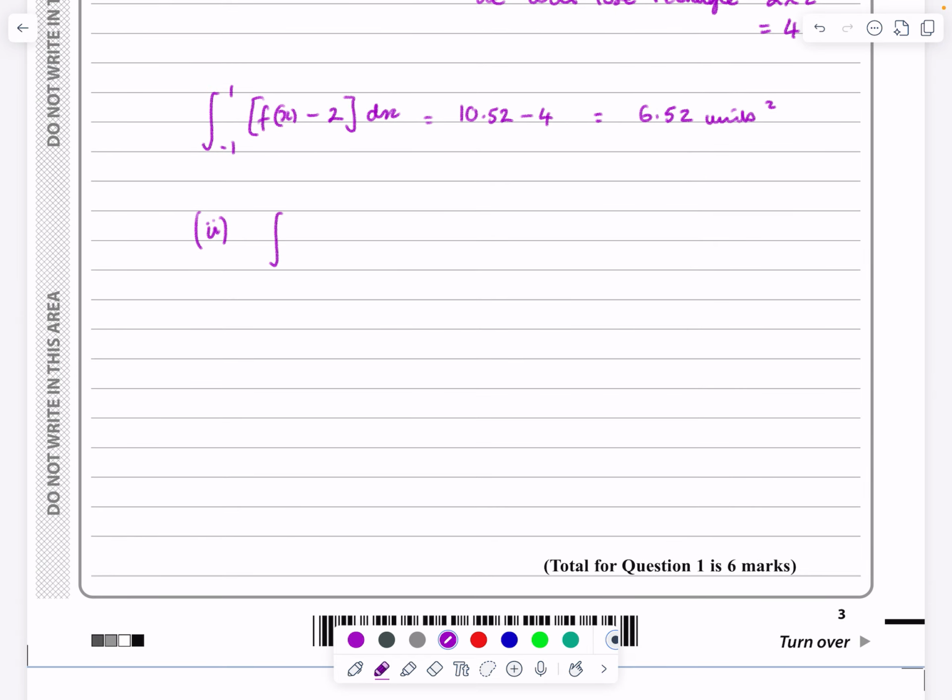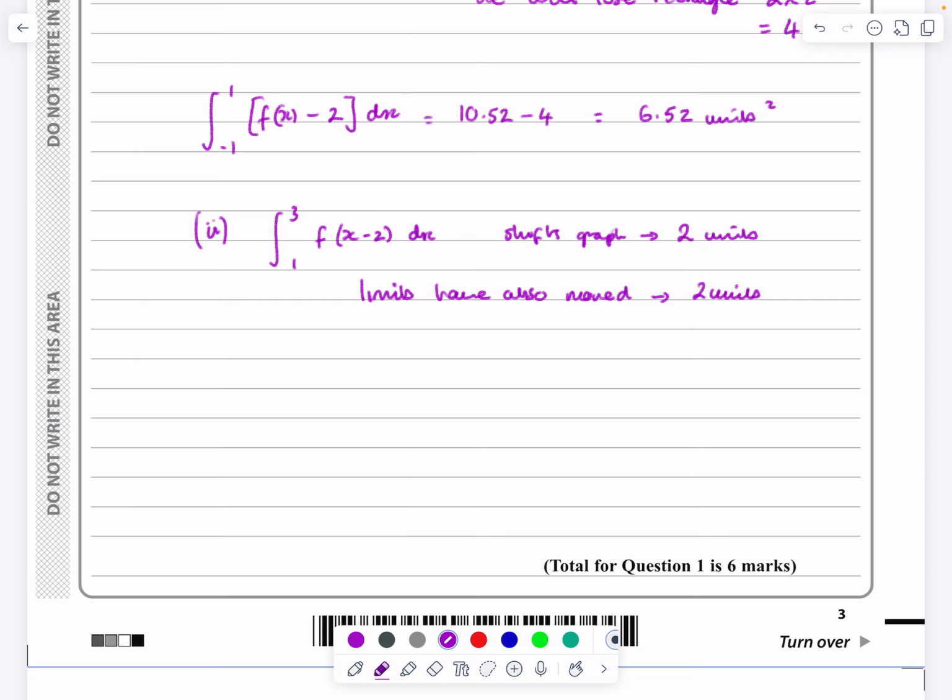The integral between 3 and 1 of f(x) minus 2 dx shifts, you could say translates, 2 units to the right, but shifts graph 2 units to the right. Limits have also moved 2 units.